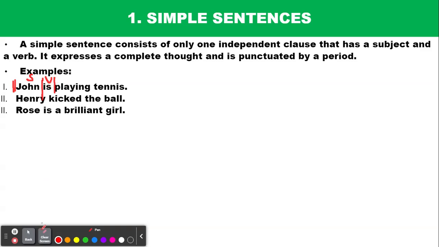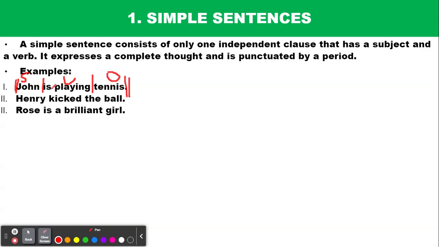Let's take it again. John is the subject. Is playing is the verb. Is playing is a compound verb. Then tennis is the object. So we have subject, verb, object.